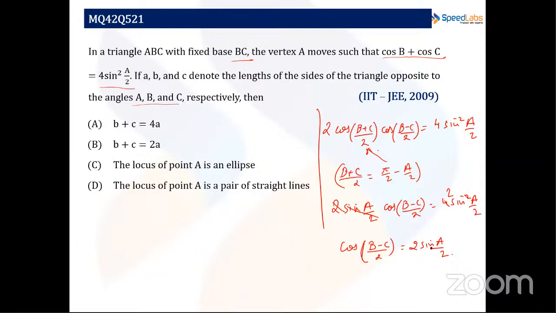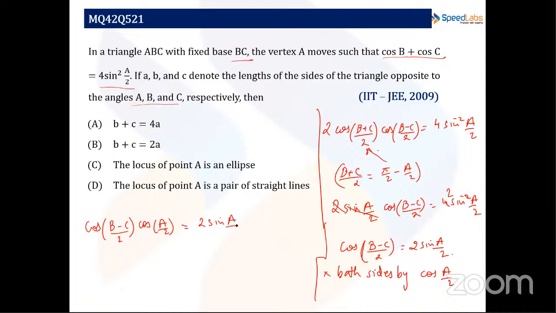So I know that if we are having 2 sine A by 2, then we have to multiply both sides by cos A by 2, because sine A by 2 into cos A by 2 will be sine A. So we'll be getting cos (B minus C) by 2 into cos A by 2 equals 2 sine A by 2 into cos A by 2. Here it will be sine A.